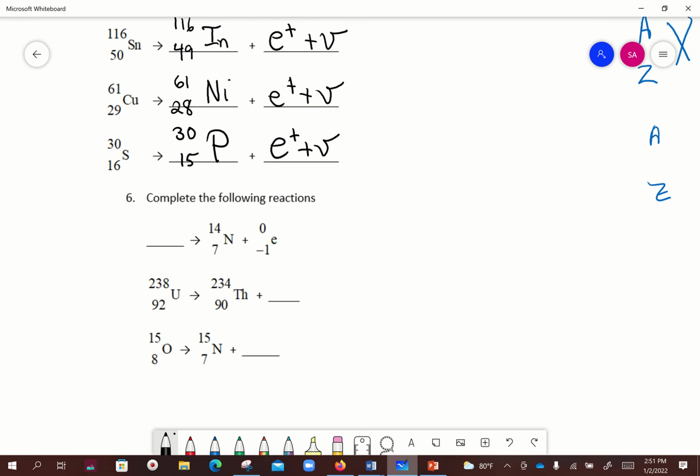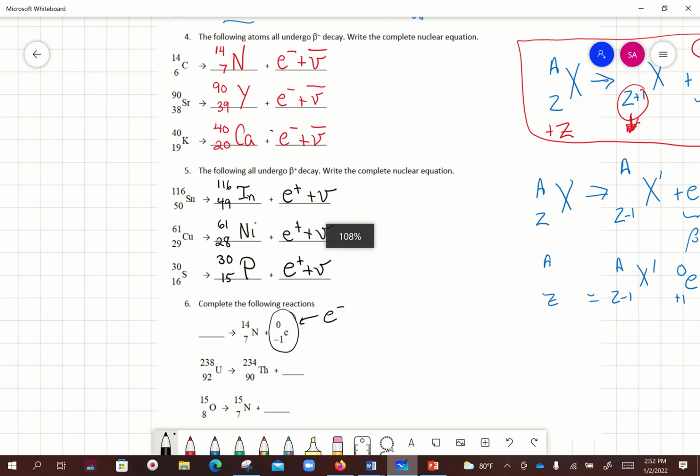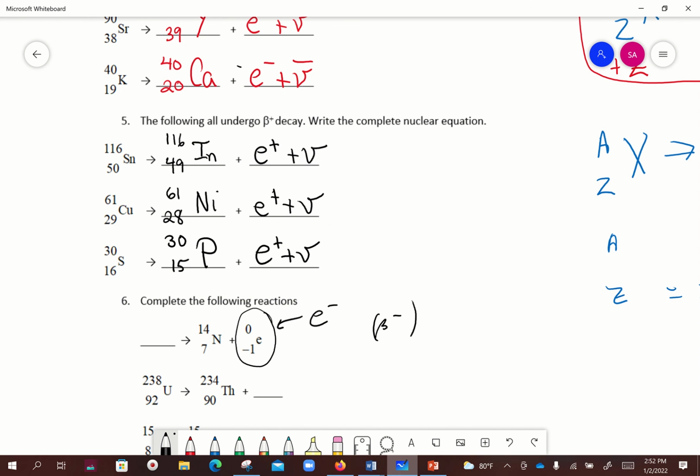All right, so you can see here, in this first equation, this is written in this way, like I was talking about earlier. So this, I guess it didn't want to stay zoomed, that's an electron. Okay, so it gives off an electron, so I know that must be a beta minus decay. All right, so the top numbers and the bottom numbers have to add up to be the same on both sides.